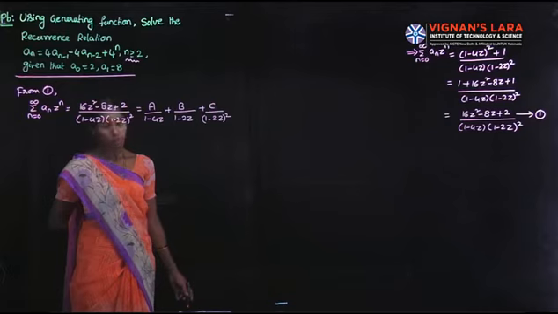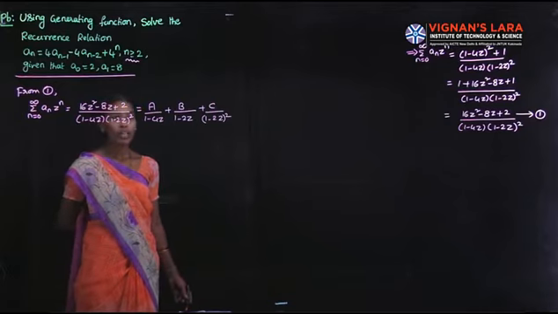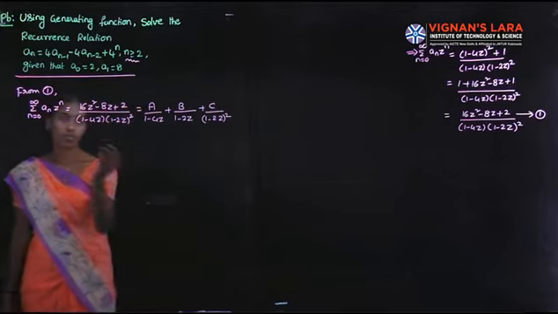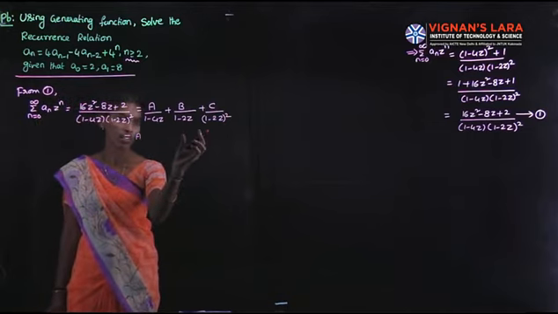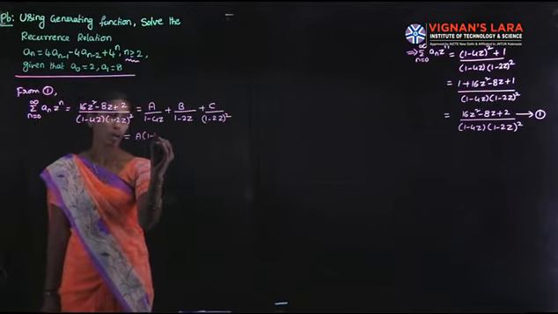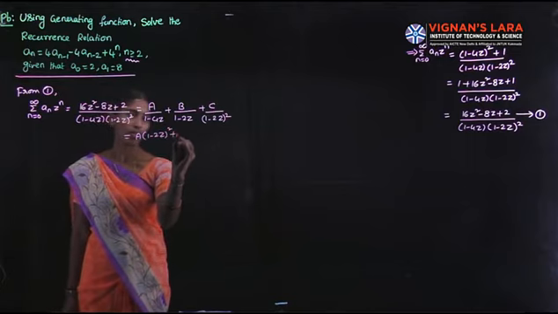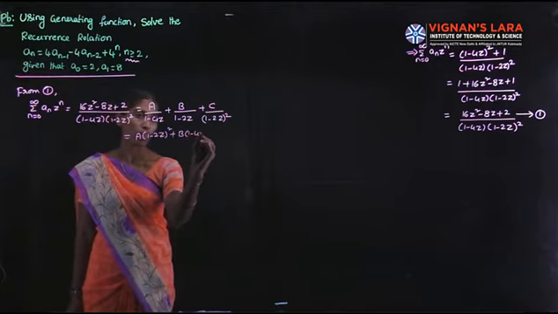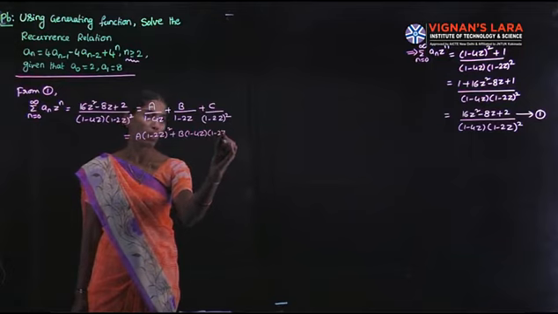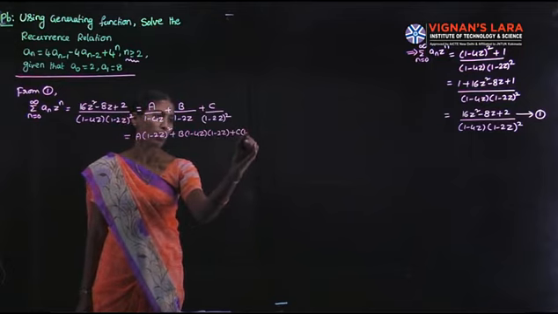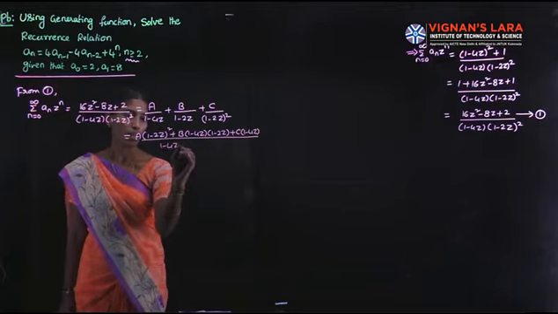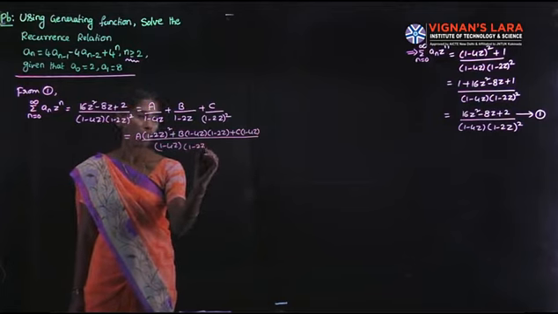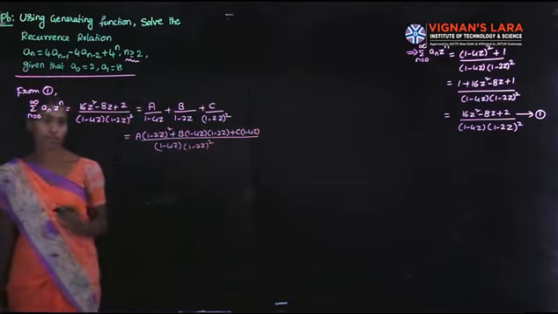Now we need to find out the A, B, C values. First apply the LCM on the RHS. It becomes A into (1 minus 2z) whole square, B into (1 minus 4z) into (1 minus 2z), plus C into (1 minus 4z), all by (1 minus 4z) into (1 minus 2z) whole square.